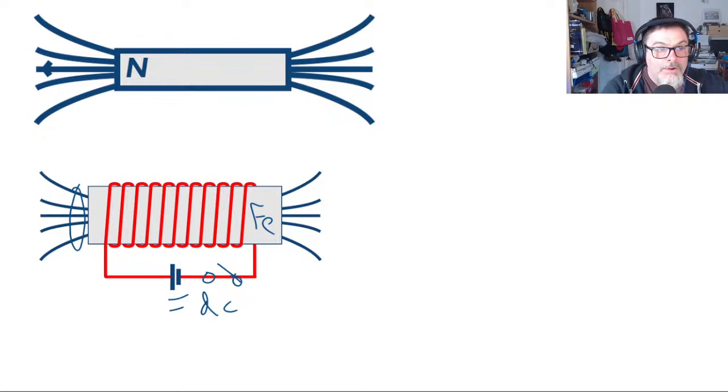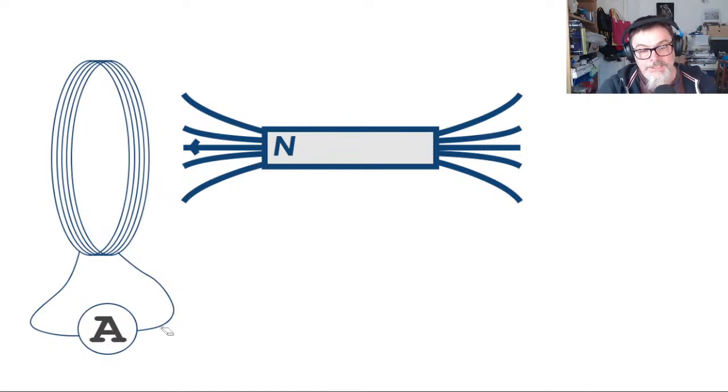But for now, we're going to be dealing with a constant DC supply. We'll be coming back to that solenoid. But first of all, we are looking at a magnetic field there. So, that's good.